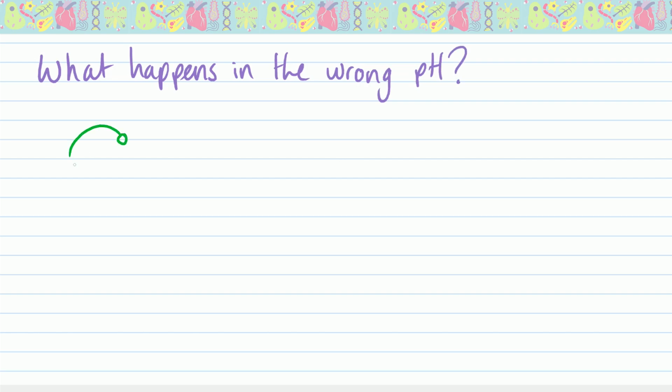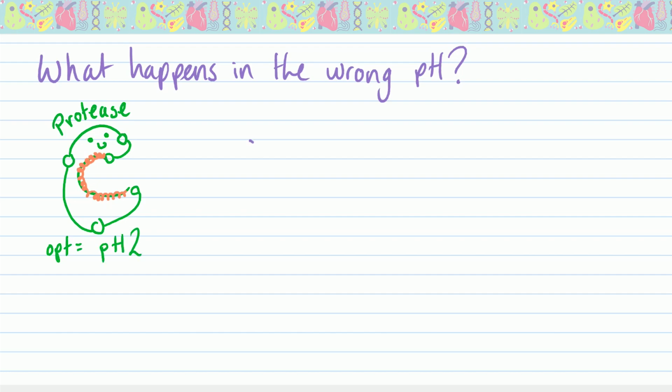So what happens when we take an enzyme and put it in the wrong pH? We're going to imagine we take a protease enzyme, one that you find in your stomach that likes acidic conditions. We've got its active site here in orange again, and it's in a good mood today. What we're going to do then is take this protease enzyme and put it in the wrong pH.